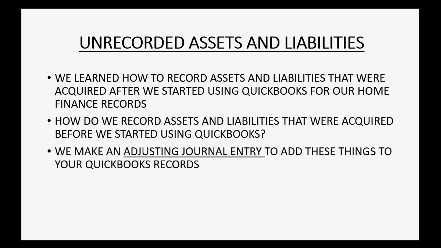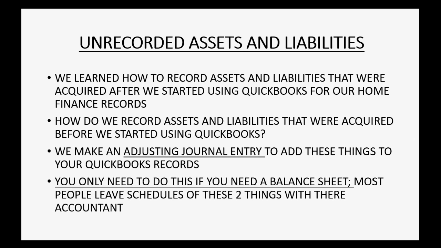Well, we can make an adjusting journal entry to add these things to our QuickBooks records. You only need to do this if you need a balance sheet that reflects your net worth and have that balance sheet be in your QuickBooks records.